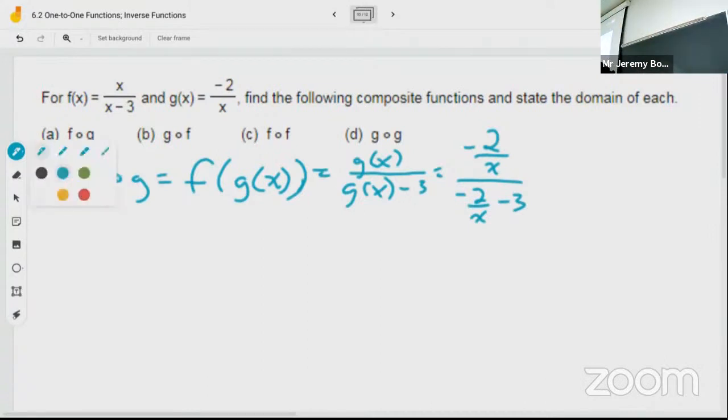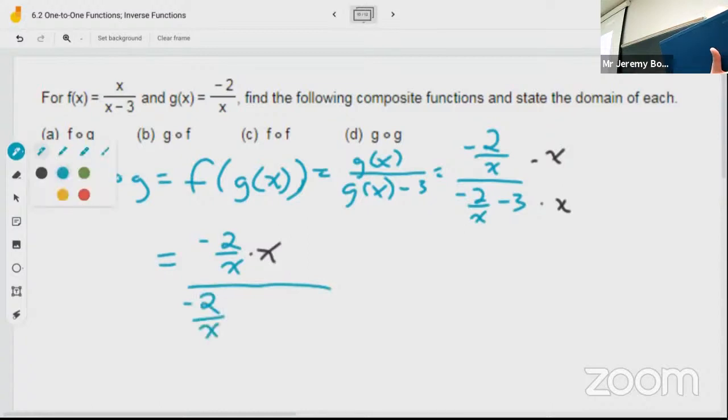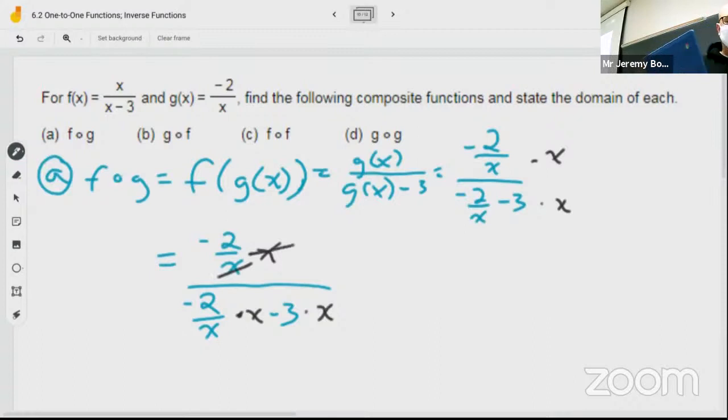To do that, we're going to multiply numerator and denominator by what's in the denominator there, which is an X. So we can write it out: it's going to be -2 over X times X over -2 over X, and that X is going to distribute, so it's times X here minus 3 times X. And for both of these fractions, the X's will reduce.